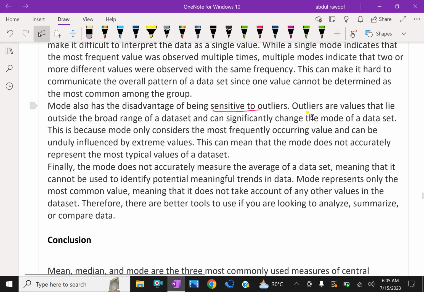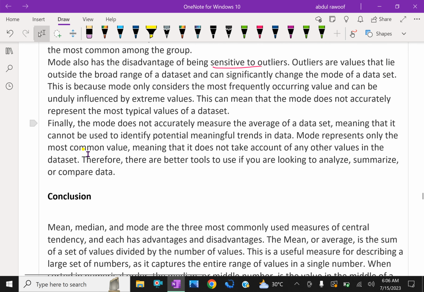Outliers are values that lie outside the broad range of data sets and can significantly change the mode of data sets. Finally, the mode does not accurately measure the average of a data set, meaning that it cannot be used to identify potential meaningful trends in data.